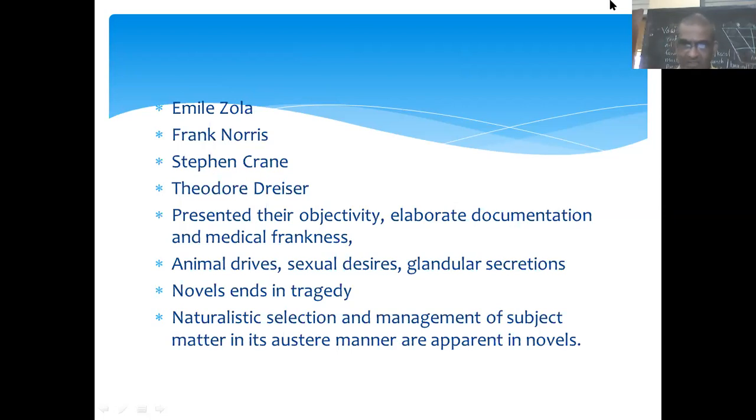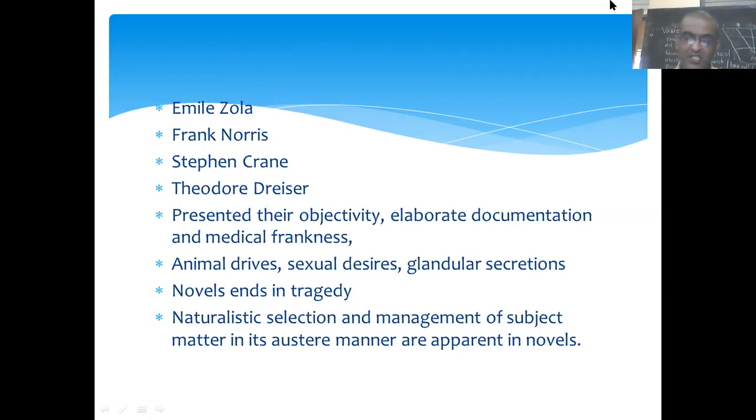All these drives, these animal drives, sexual desires, glandular secretions, and all that make a man develop as a man. And these features are reflected in the human psychology, human body, and entire human physique.